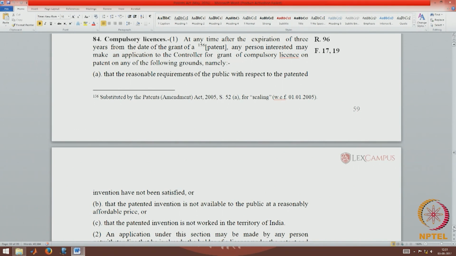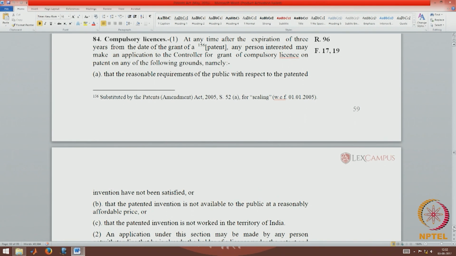Say, if there is a drug that can cure a type of cancer, and if the drug is not available in large quantities, and assume that the prevalence of that kind of cancer in India is huge, lakhs of people or even crores of people who are affected by that type of cancer.